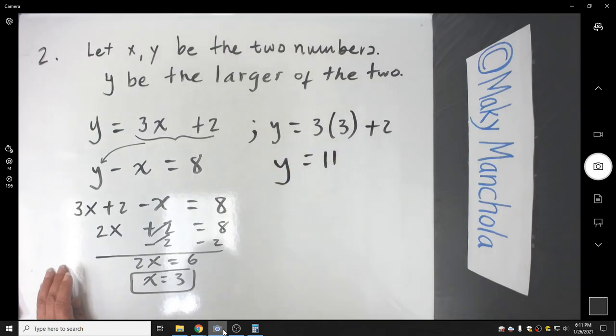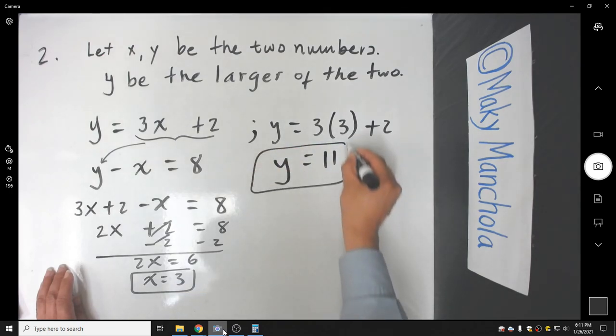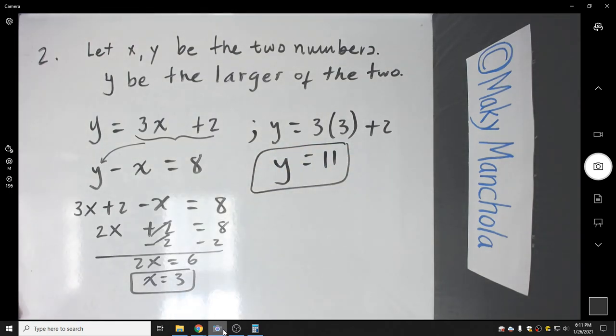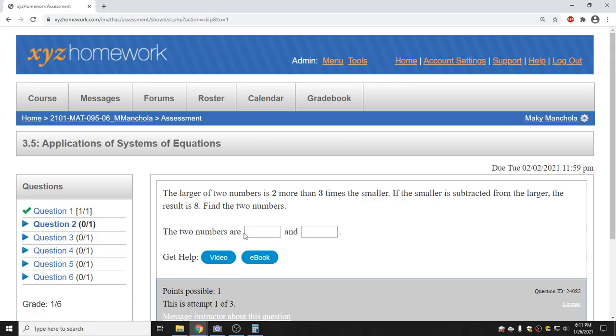So here are our two numbers. The larger is 11, the smaller is 3. Okay, so I'm going to list the larger first and the smaller second, even though it isn't specified.